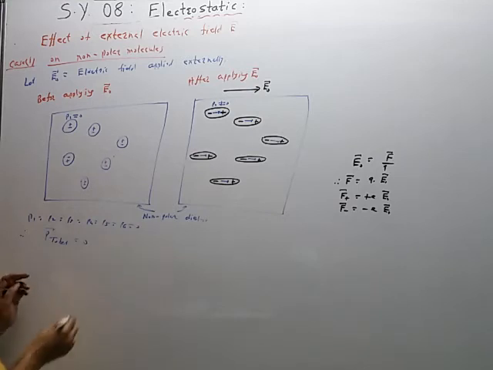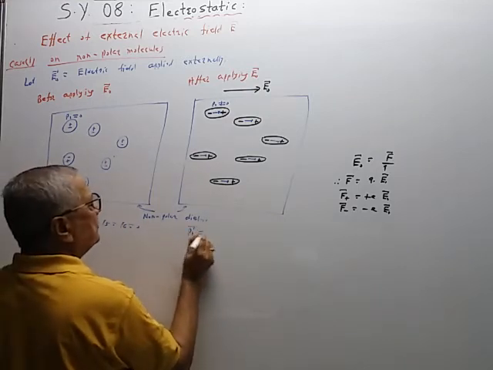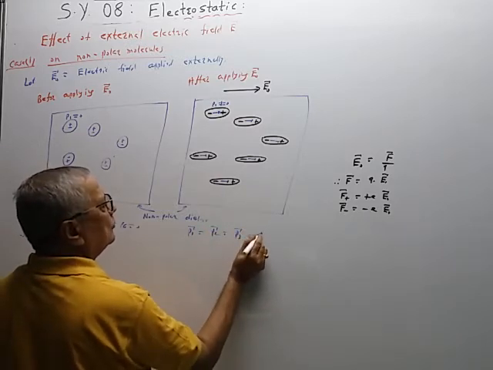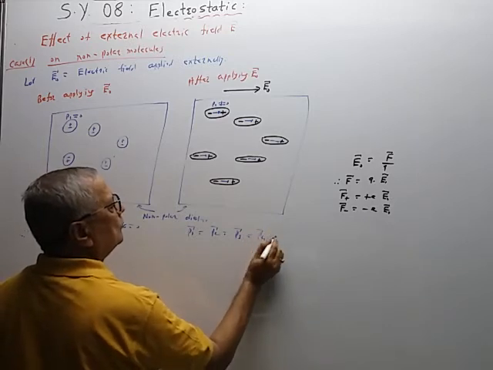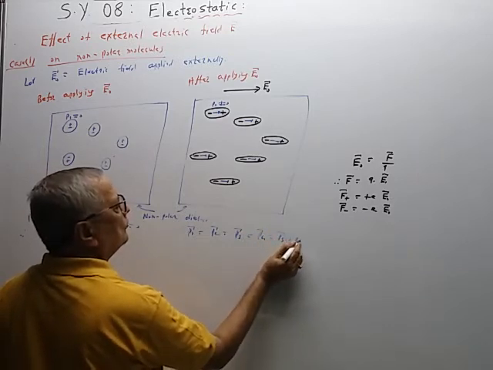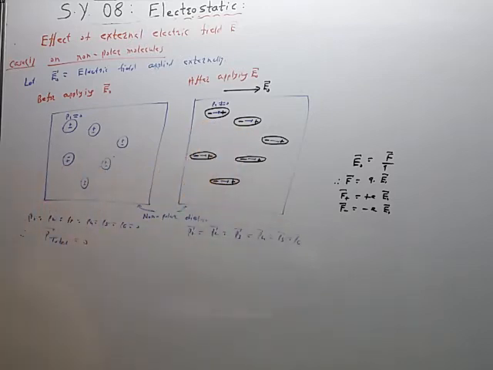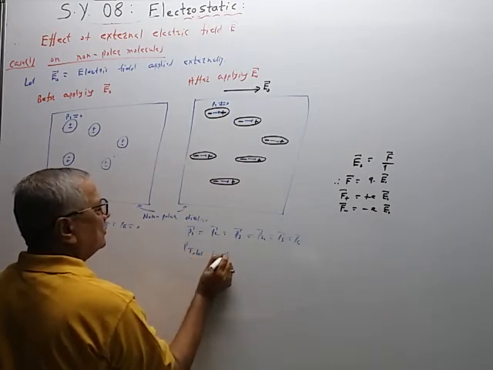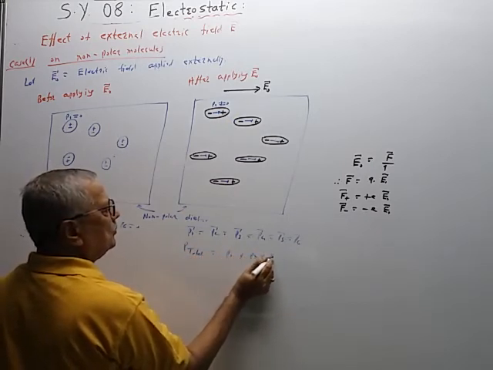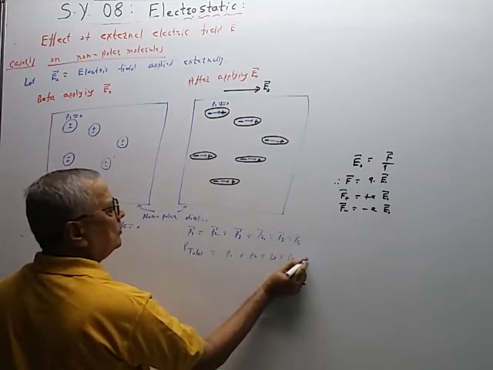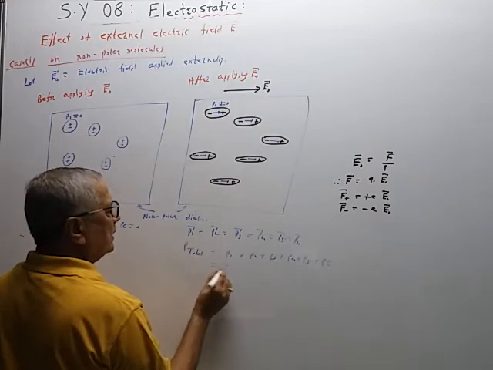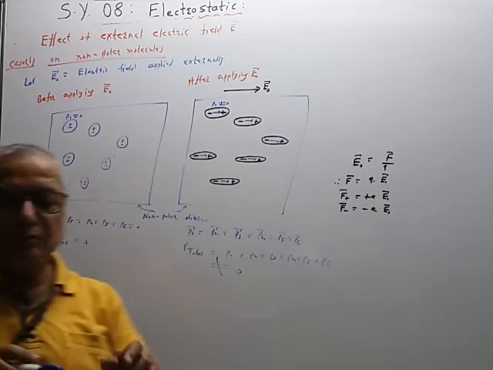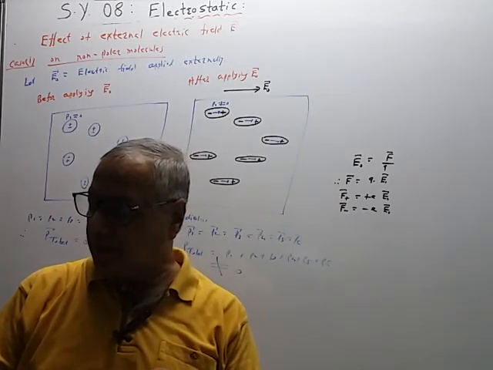So the substance has no electric dipole moment. In this case, vector P1 is equal to vector P2 is equal to vector P3 is equal to vector P4 is equal to vector P5 is equal to vector P6. So all the electric dipoles are aligned in the direction of the external electric field. Therefore, P total is equal to P1 plus P2 plus P3 plus P4 plus P5 plus P6, and it is never 0. So the substance possesses a net electric dipole moment in the presence of the electric field.